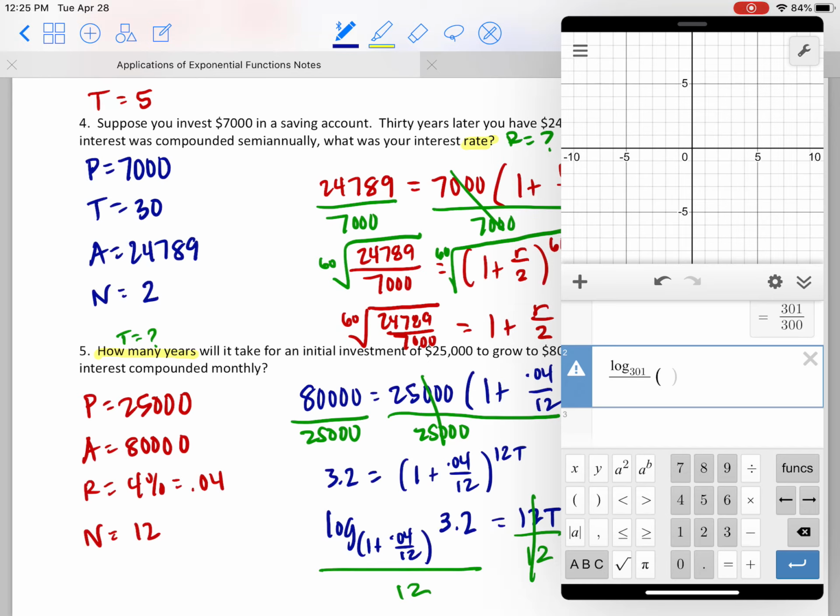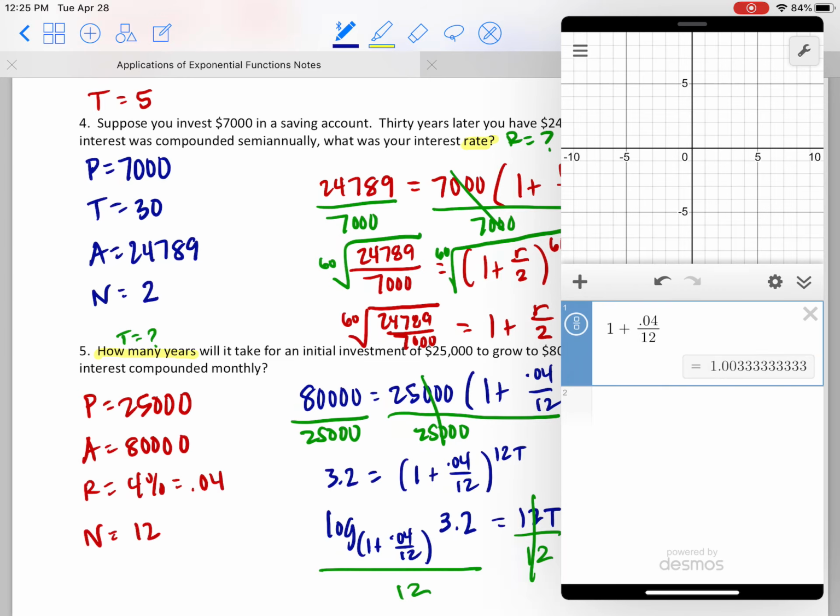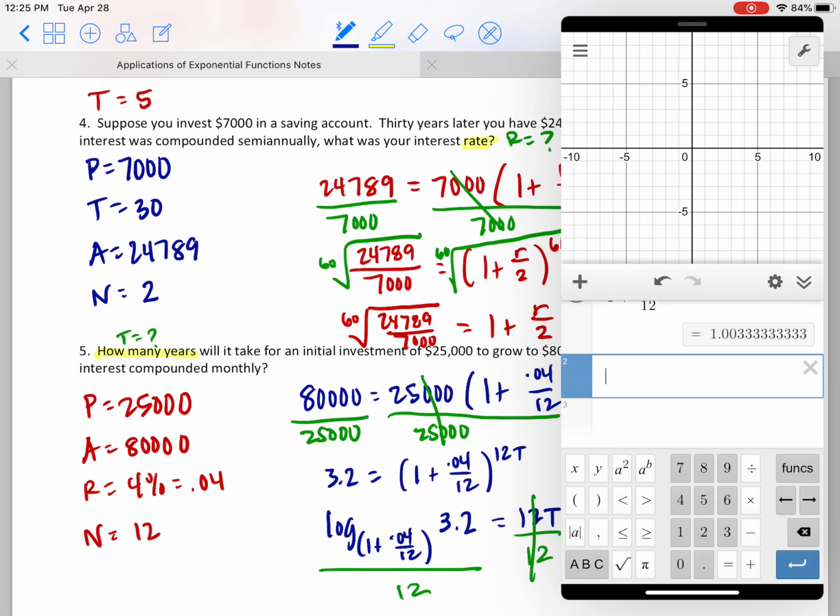Let's see. 1 plus 0.04 over 12. Let's try 301 over 300. Log base 301 over. No, that's not what I want. Just playing with the calculator. Nope.